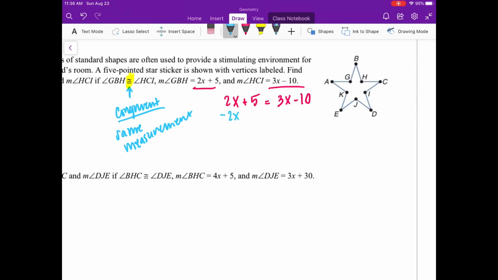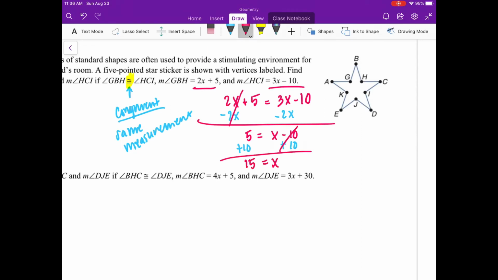So we're going to go ahead and solve for x, subtract 2x. So I have 5 equals x minus 10. Add 10 to both sides. So I know that 15 equals x.